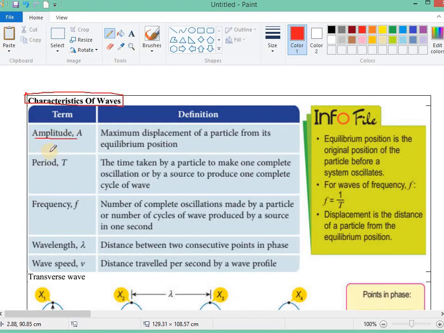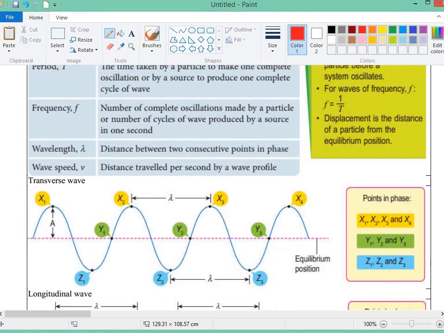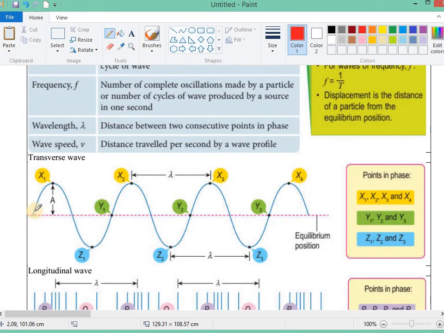The first is amplitude. What is amplitude? Amplitude is the maximum displacement of a particle from equilibrium position. So for example, let's say this is a water wave, this is a water molecule. At first the water molecule is at the center here, equilibrium position. And then when there is a wave, the water molecule displaces.